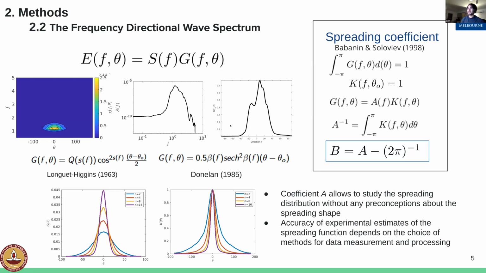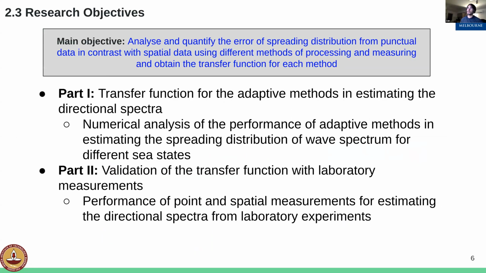So we did our analysis with this coefficient to check the directionality of waves and how the methods are doing in reproducing that spread. That was the main objective for this part of the study. The first part was to use simulated sea surfaces for different sea states.